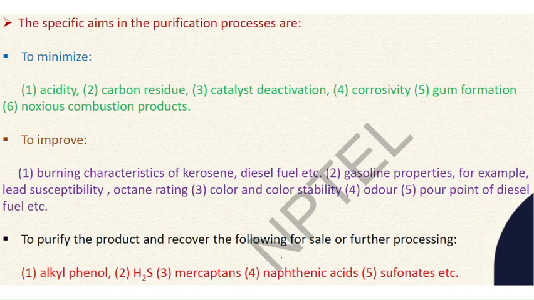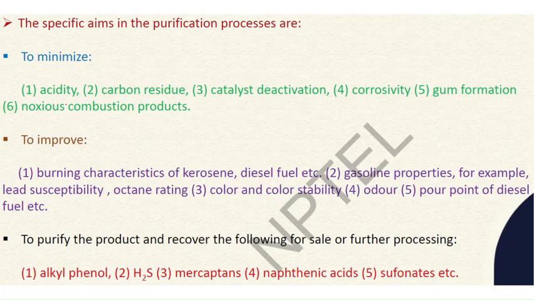Coming on to why the purification processes are very important. What are the specific aims in the purification process? It is mainly to minimize the acidity of the products so that it may not corrode the different reactors. Then carbon residue should be reduced.